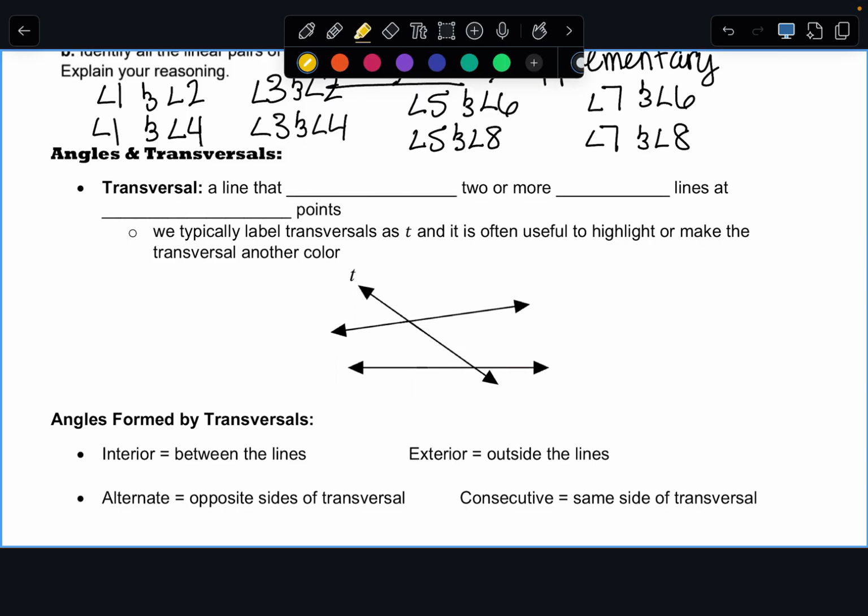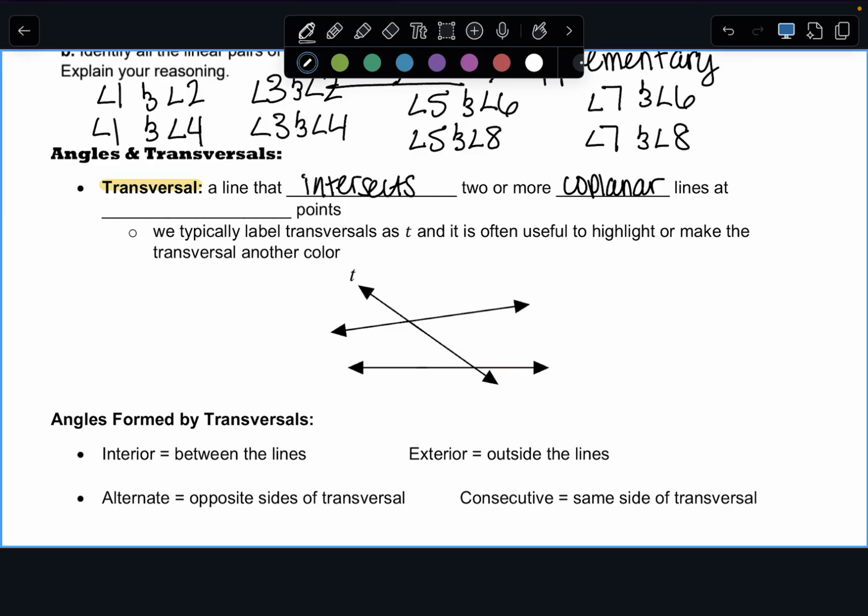So the first vocab term for this section is transversal. A transversal is a line that intersects two or more coplanar lines. So it's hitting 2 lines that are on the same plane.